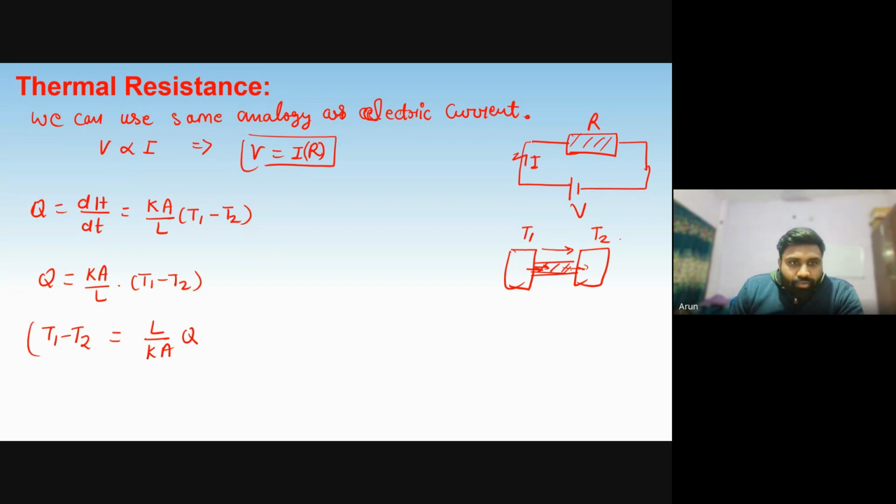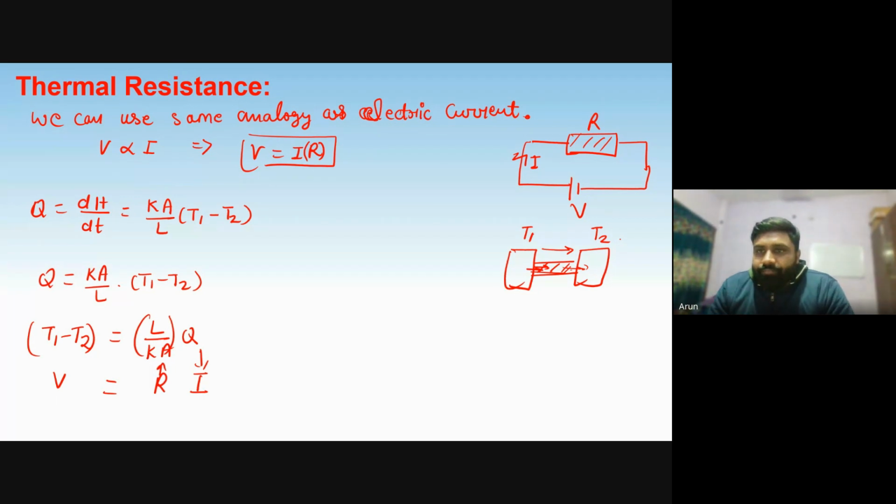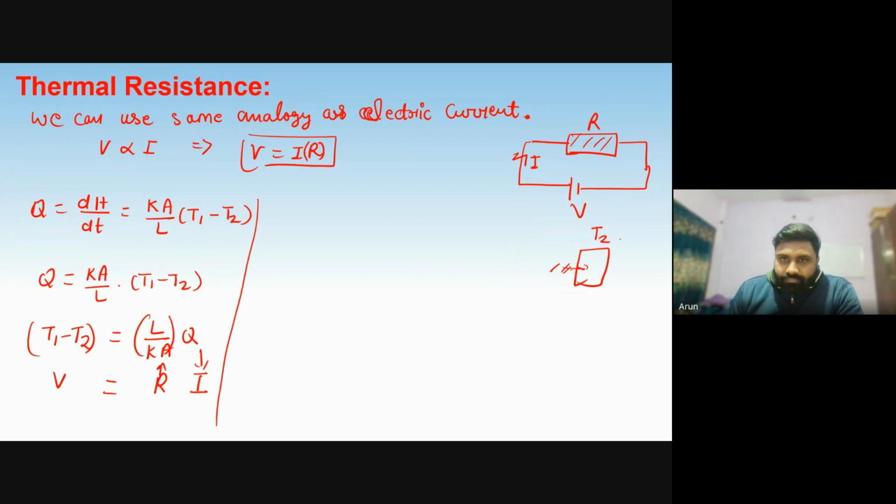In a similar way, you can compare it with V equals I R, where Q is replaced by I. So this L upon KA is nothing but the thermal resistance that we have. So by comparing that, we can say the thermal resistance RT is equal to L upon KA.